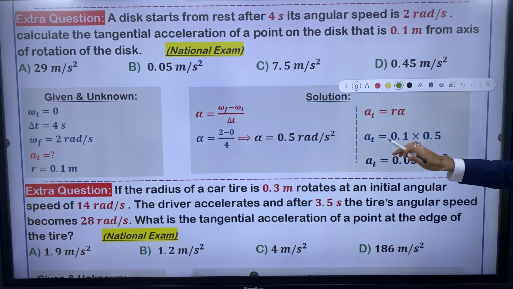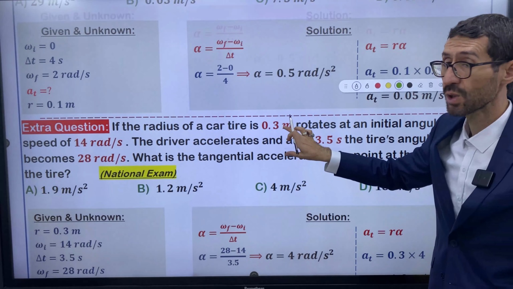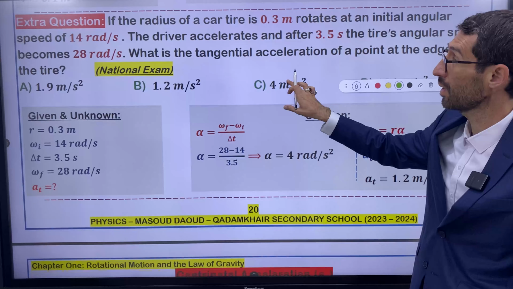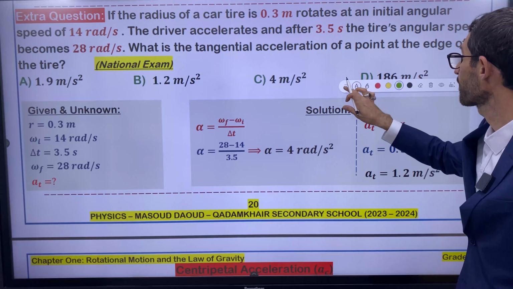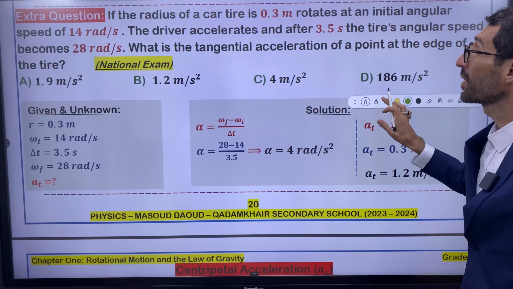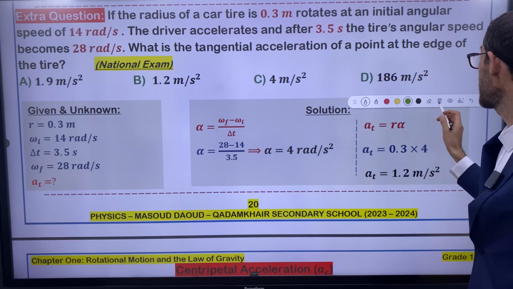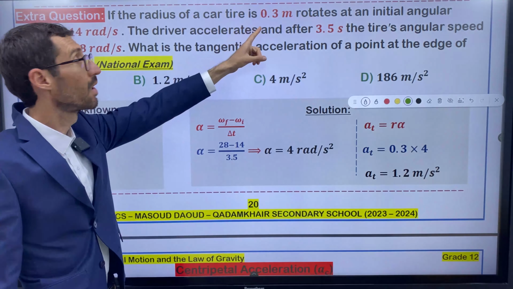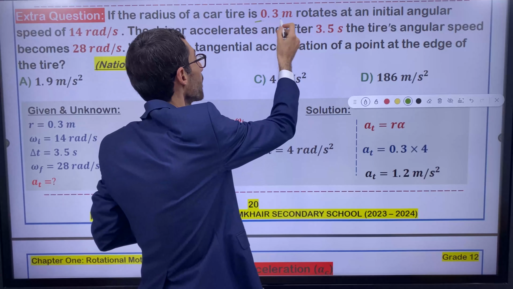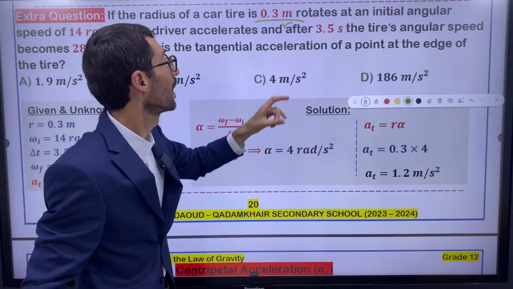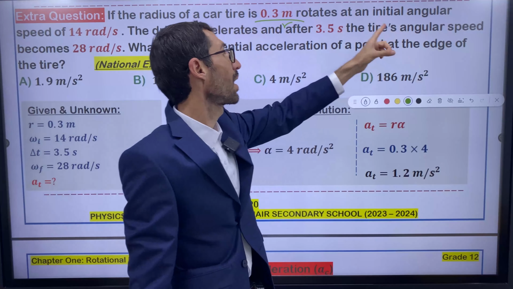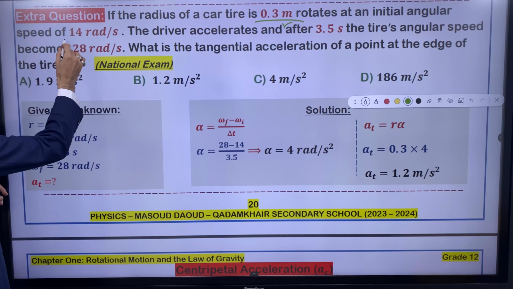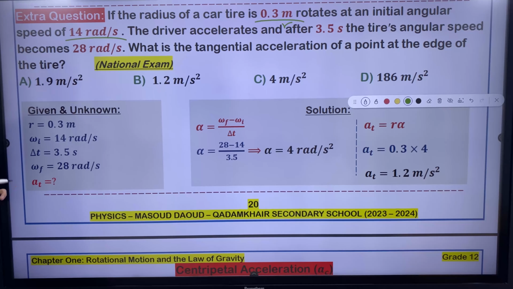Let's move on to another question. I told you this question is a question of national exam as well, like the previous question. Let me read it for you. It says if the radius of a car tire is 0.3 meters, this is R, rotates at an initial angular speed of 14 rad per second.